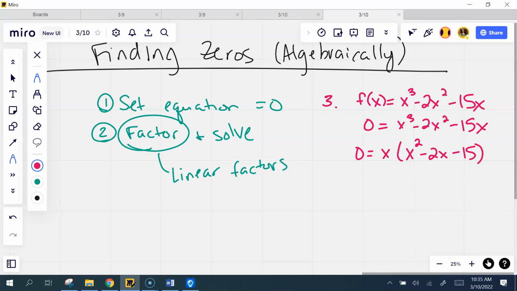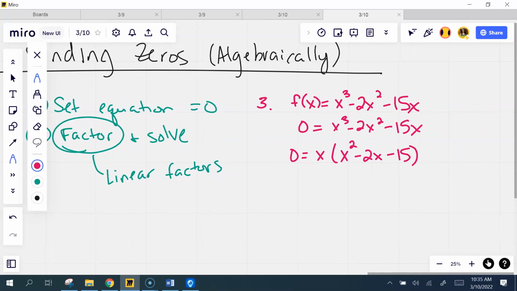Now factor what's in parentheses. Hopefully we remember factoring, right? Multiply the first and the last together. What multiplies to negative 15x squared but adds to negative 2x? That's exactly right.